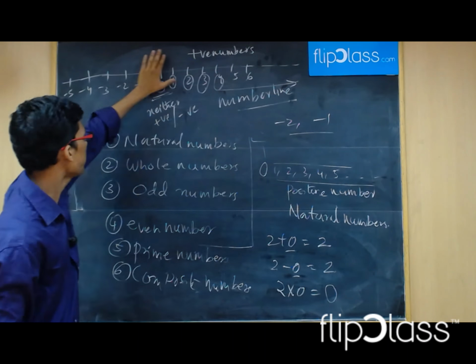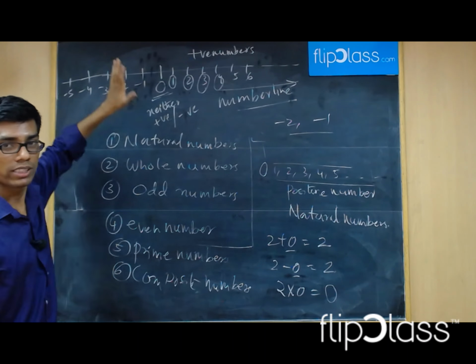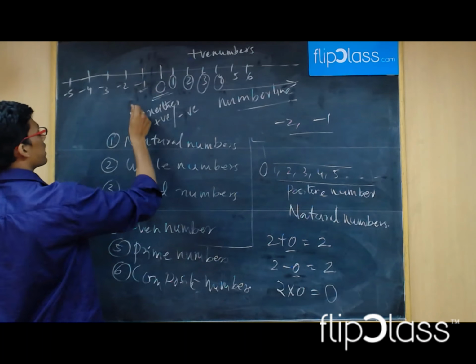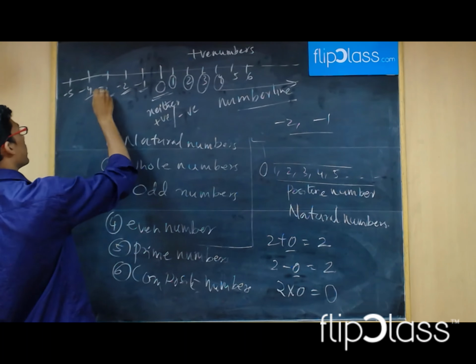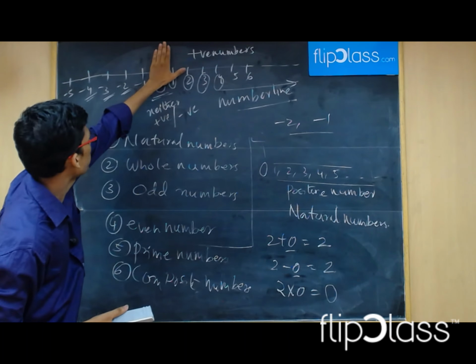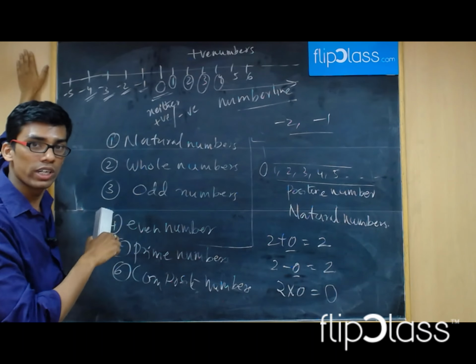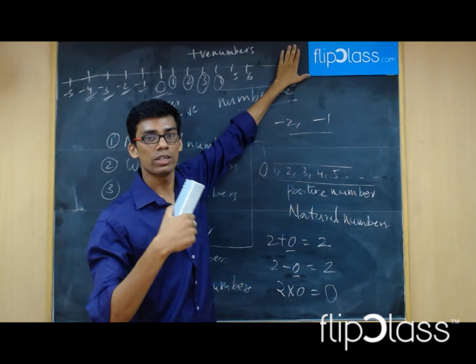The same thing holds good if you go to the left side of it, the numbers keep on decreasing, which means minus 1 is always greater than minus 2, which is always greater than minus 3, which is in turn greater than minus 4. So if you are standing on 0, moving to the left you will have a number lower in value, and moving to the right you will have a number greater in value.